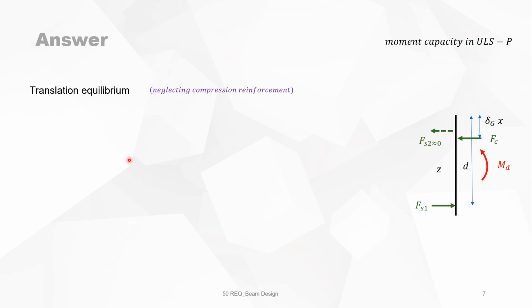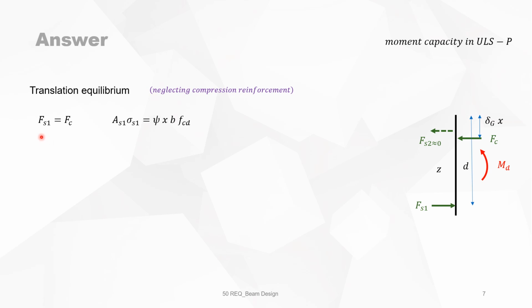Now we will have a look at the same calculation, but we will ignore the compression reinforcement. Why are we doing that? Well, we are in a simple bending situation and we want to use the concrete tables to get the answer quicker. So we'll do the same now, but with the compression reinforcement put into 0.